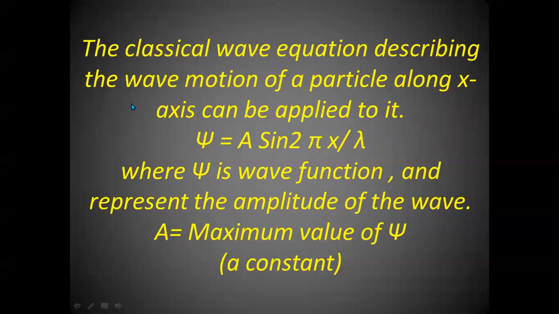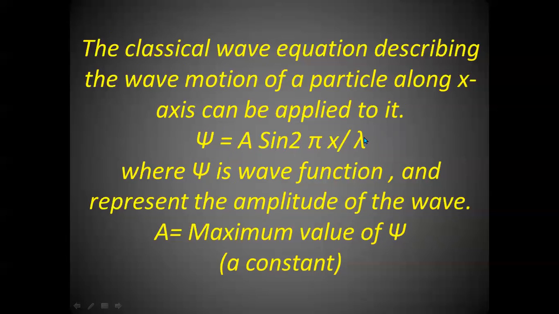Three dimensions means the x, y and z directions, which are three axes. Here we are taking the x-axis first. Therefore, the wave motion of a particle along the x-axis can be described by the classical wave equation: psi is equal to A sine 2 pi x by lambda.